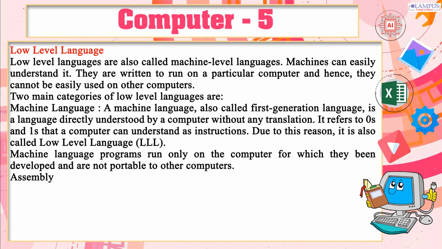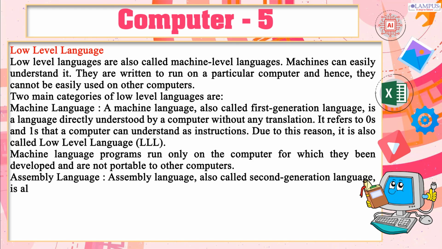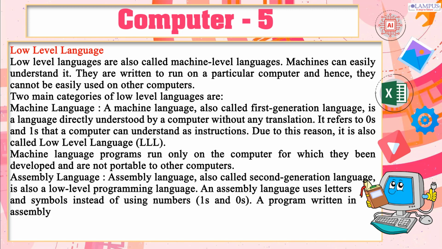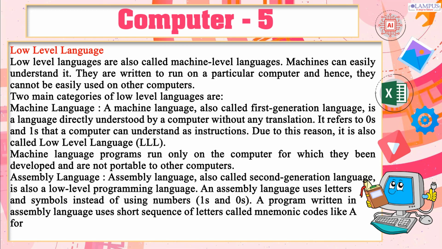Assembly language. Assembly language, also called second-generation language, is also a low-level programming language. An assembly language uses letters and symbols instead of numbers, ones and zeros. A program written in assembly language uses short sequences of letters called mnemonic codes, like A for add, B for branch, C for compare and L for load.